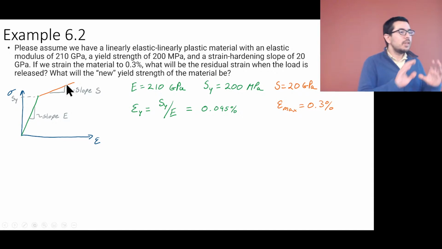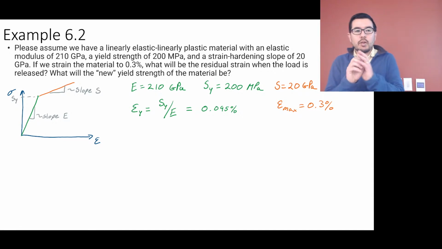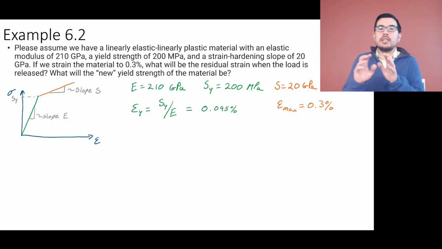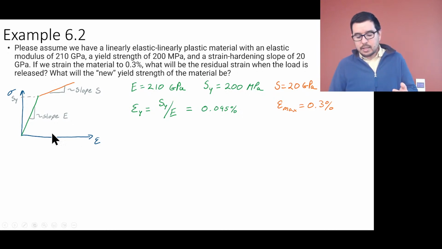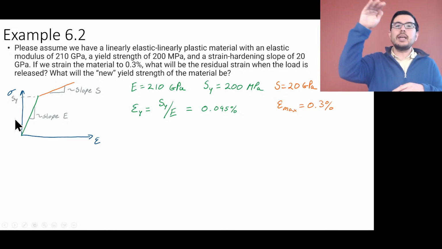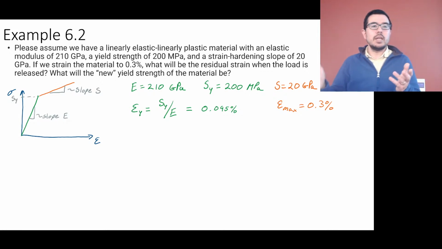And note, these slopes are still in units of pressure, or pascals, typically gigapascals, because the x-axis is unitless. This is dimensionless, so both the actual values I have on the y-axis and the slopes are going to have the same units.